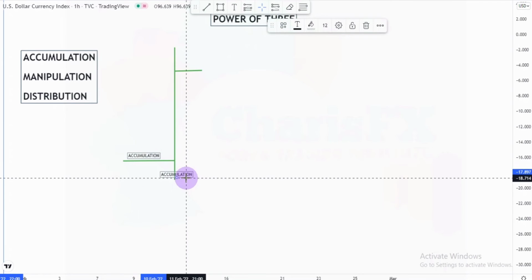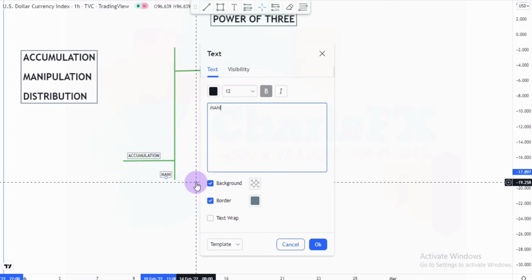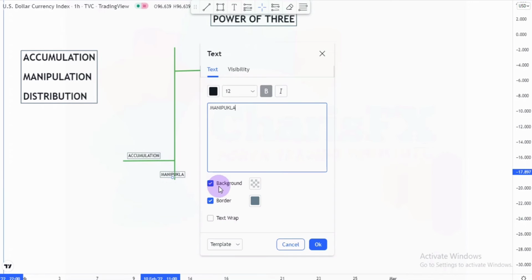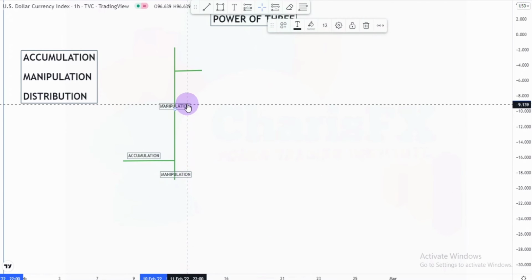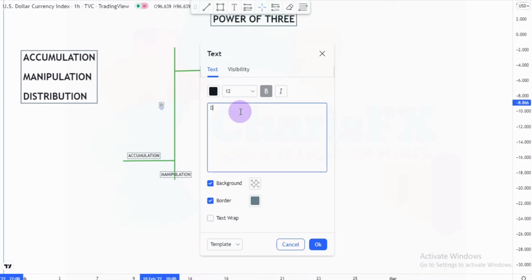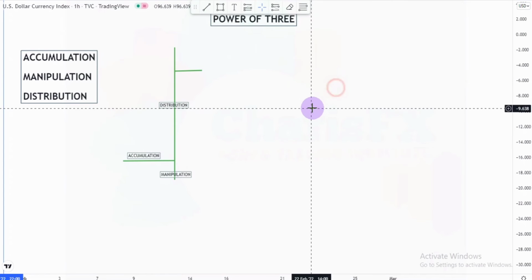Then this is manipulation. And as well distribution. So this is on a bullish candle.